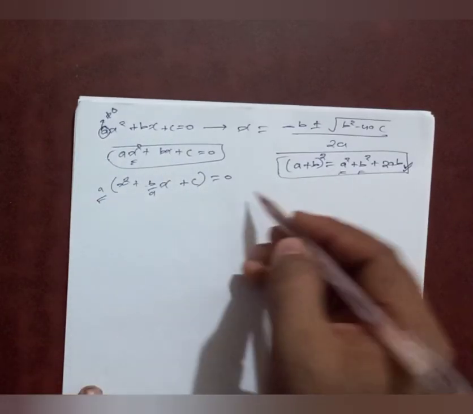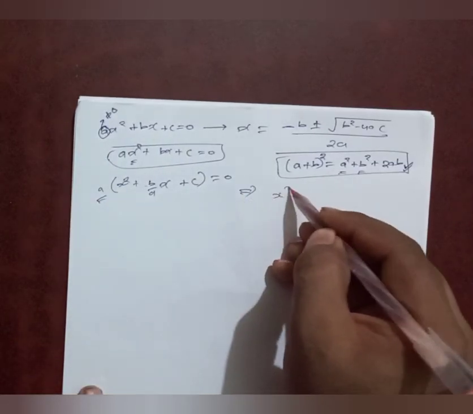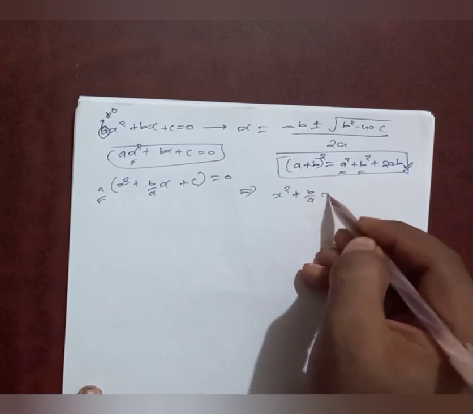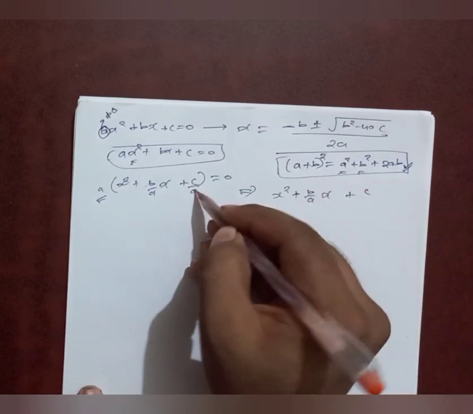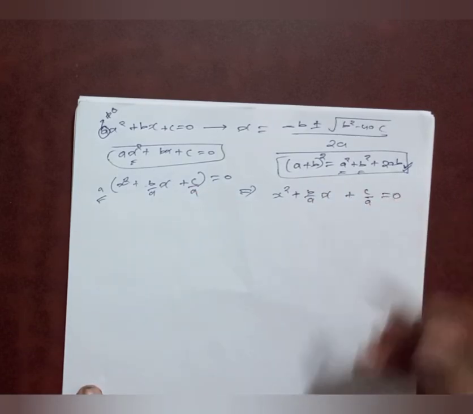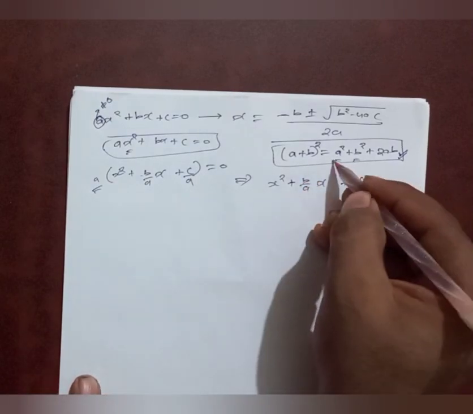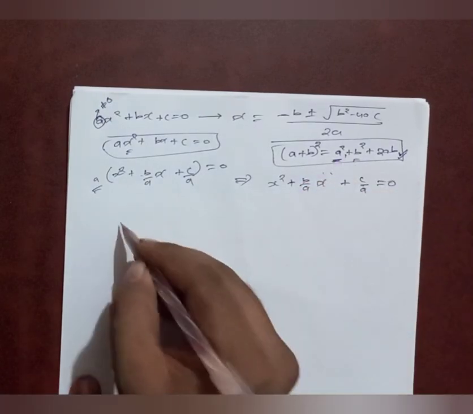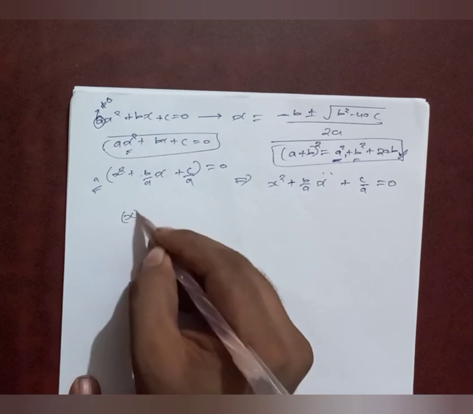So here I use this. A is not equal to 0, so I can write this equation as x square plus b by a x plus c by a is equal to 0. From here I am comparing this equation with this. In place of a, it is x square.